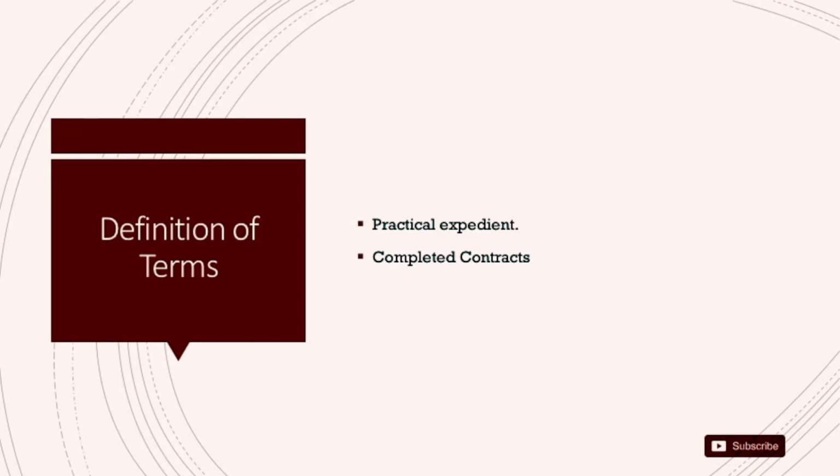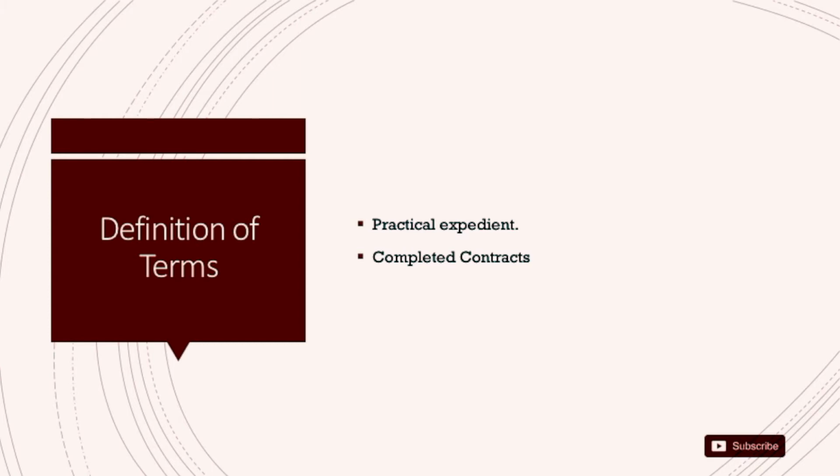Practical expedient is nothing more than a practical exception: on practical grounds some requirement of the standard may not be possible to perform, so we give you an exception for that.